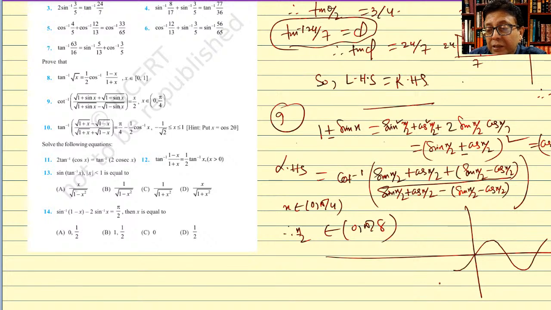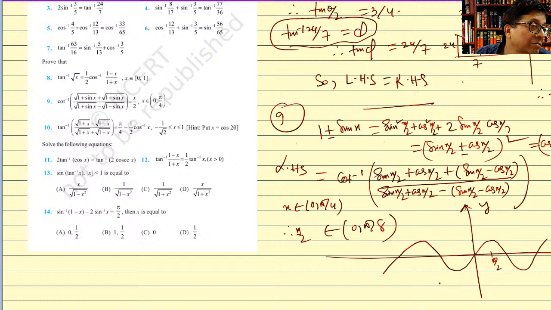Approximately, this is the graph of sin x by 2. For cos x by 2, what will you do? For cos x by 2, and this is pi by 2, pi by 8 is much less than that. For cos x by 2, it will be 0 at this point.